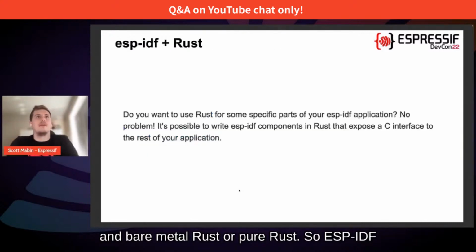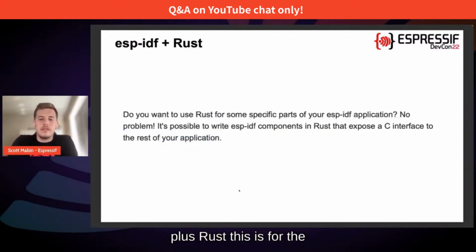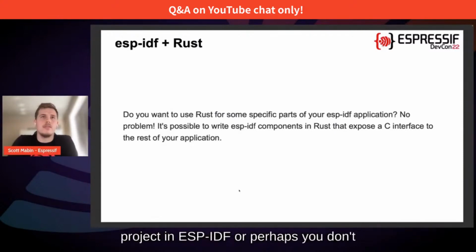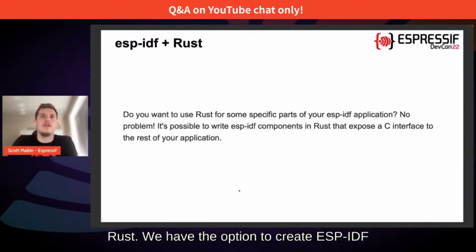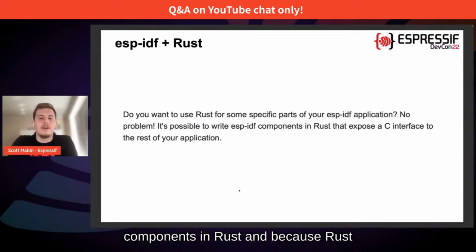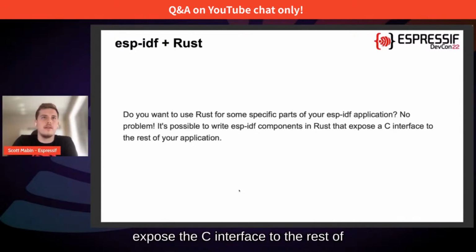So ESP-IDF plus Rust. This is for the situation where you have an existing project in ESP-IDF, or perhaps you don't want to write the whole application in Rust. We have the option to create ESP-IDF components in Rust. And because Rust has good interop with C, you can just expose the C interface to the rest of your application.